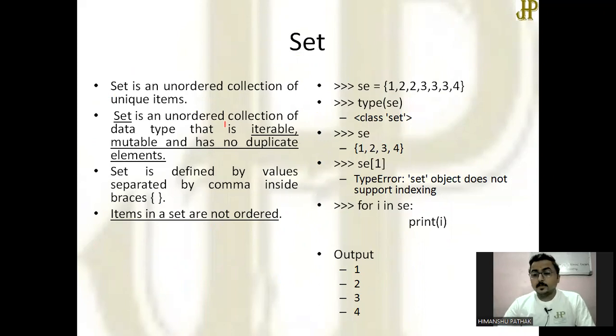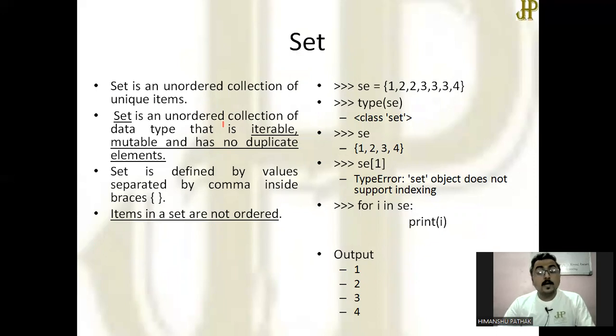In mathematics, you know that in set, you can store only unique data items. If you try to store repeated items, then it will take the single data item from the repeated items.